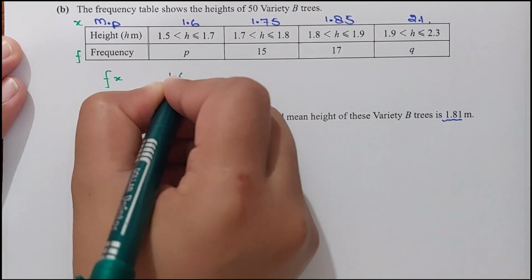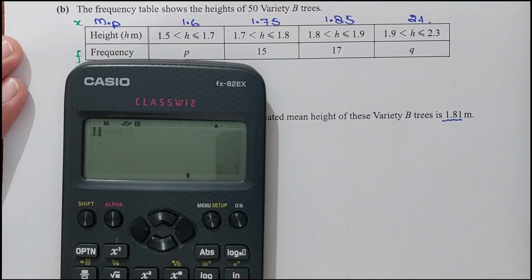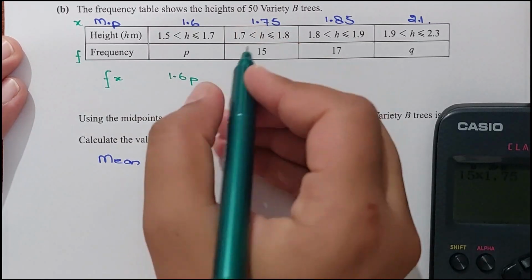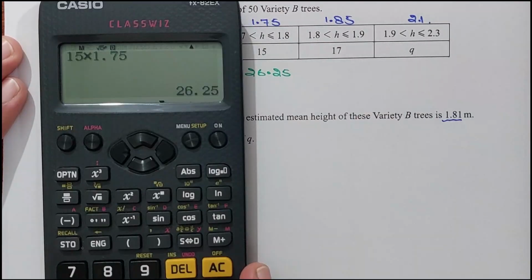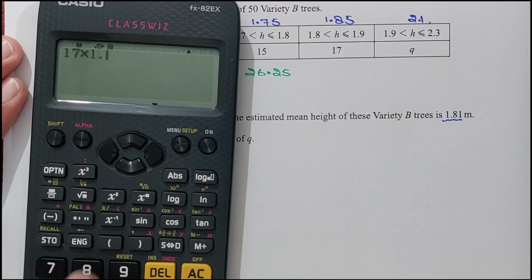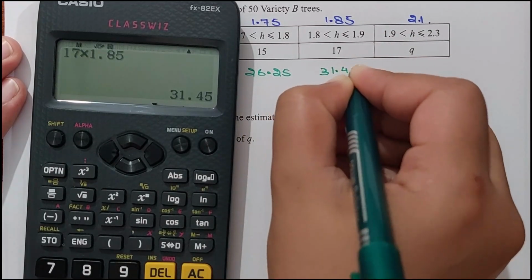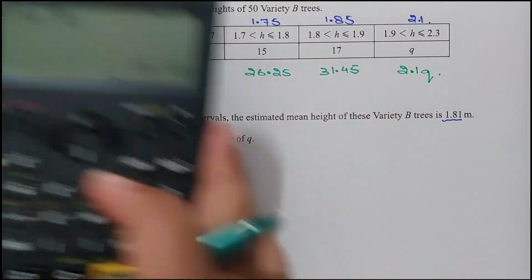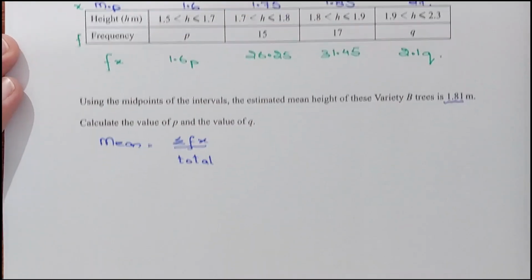This is 1.6p. This is 15 times 1.7, 15 times 1.75, 26.25. And the next is 17 times 1.85, 31.45. And 2.1q. Right? And the total is 50.